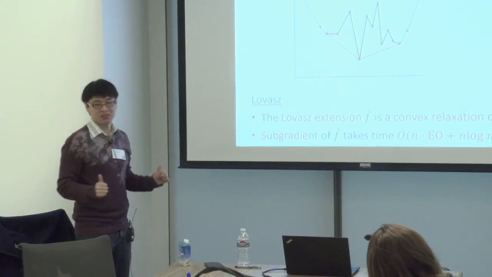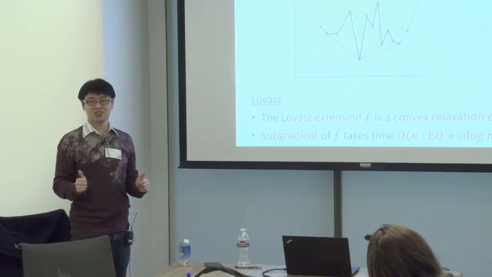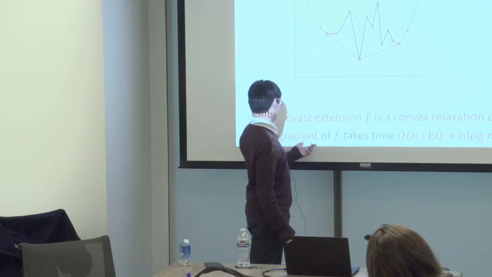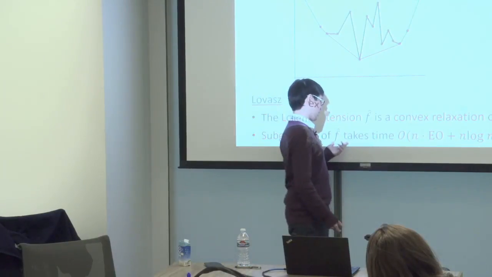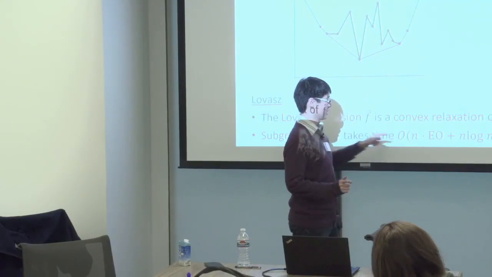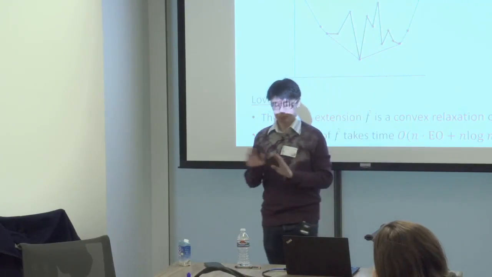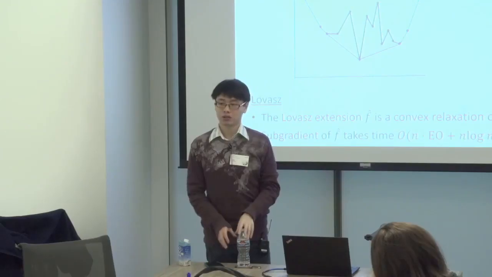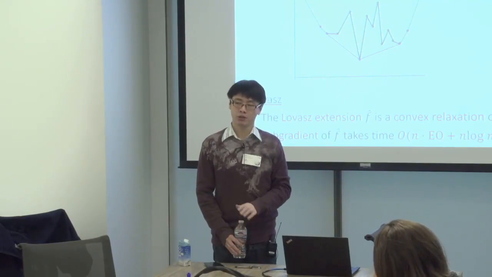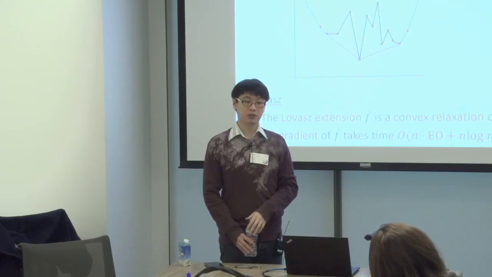Lovász was the first to consider such a relaxation, and he proved that the subgradient of f hat, the Lovász extension or the convex closure, can be computed with a linear number of oracle calls. So in a linear number of oracle calls to your evaluation oracle, you can compute the subgradient.